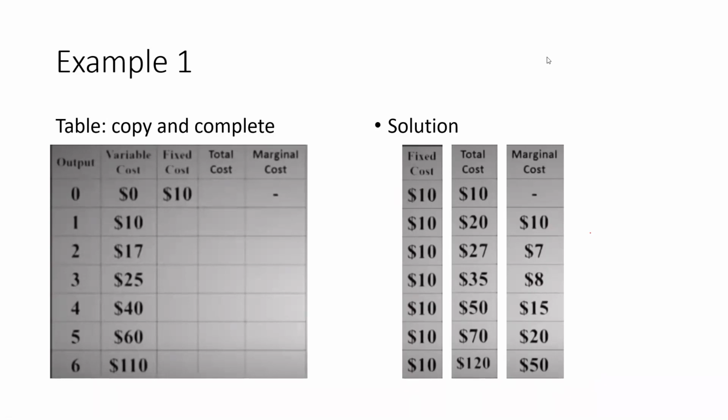So someone said the marginal is not clear. Can you come again for the person? Okay, now for the marginal, let me write something on the screen for better understanding.